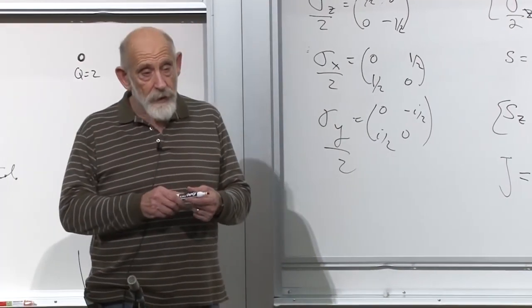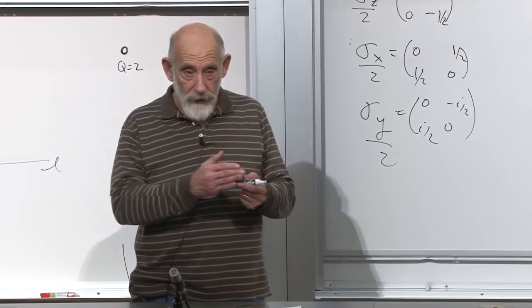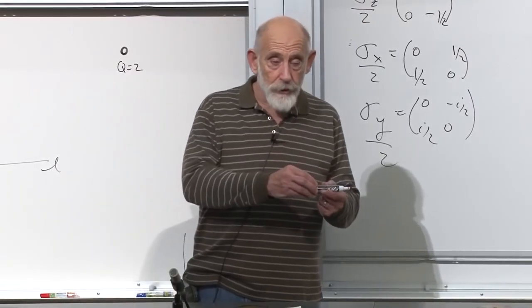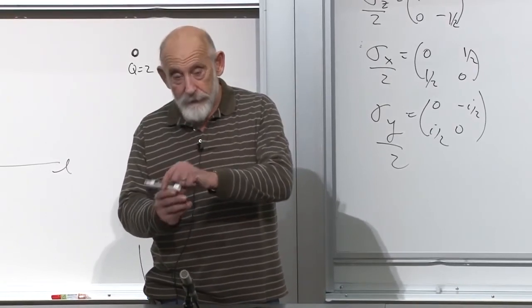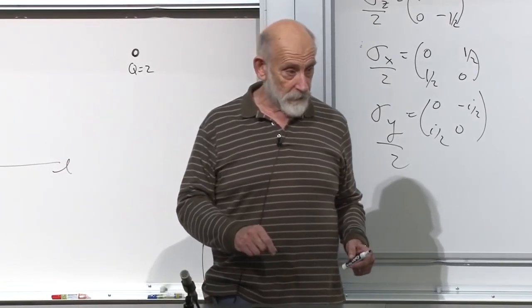If you put the electron into a magnetic field, preferentially it would lie along the magnetic field or opposite to the magnetic field, with 2 different energy levels.